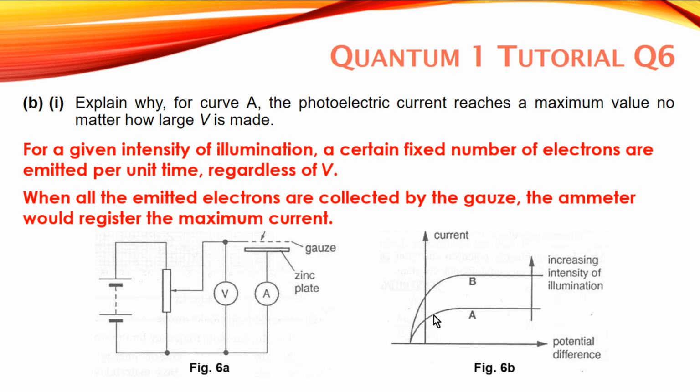So when you increase the voltage, the positive voltage will now be able to attract all the stray electrons back to the gauze. So at this point, when the voltage is high enough and they have collected all the electrons emitted, they get the maximum current. Okay, so that's B part 1.